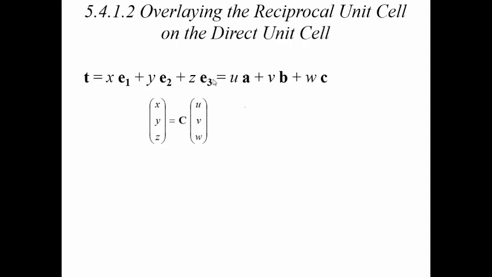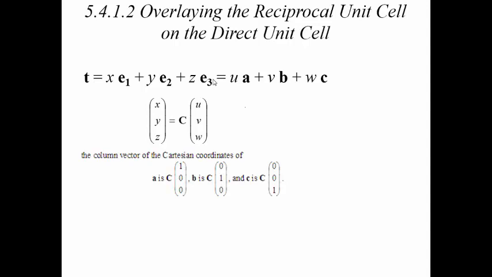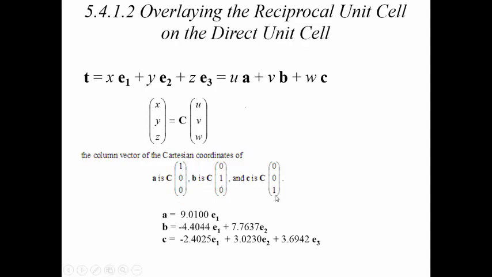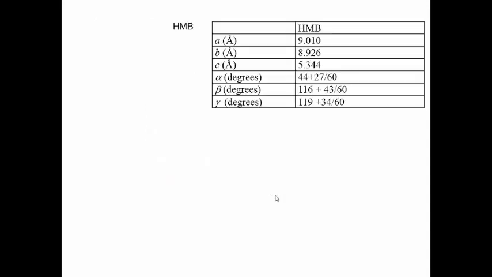The computer is strictly an orthonormal guy, and so here we have the relationships. We see that A is equal to C times 1, 0, 0, B is 0, 1, 0, and C is 0, 0, 1.